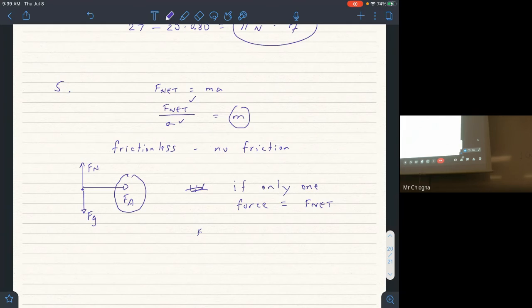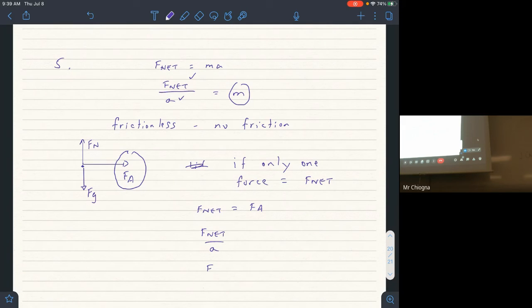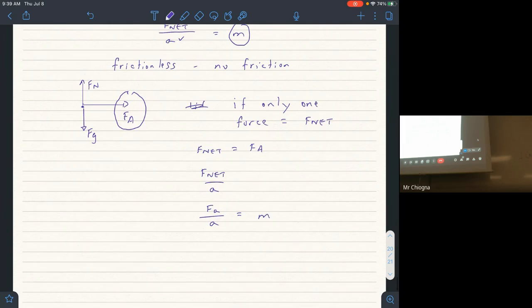So net force over the acceleration is the same thing as the applied force. I'm given that. I don't have the acceleration directly, so I have to calculate it.